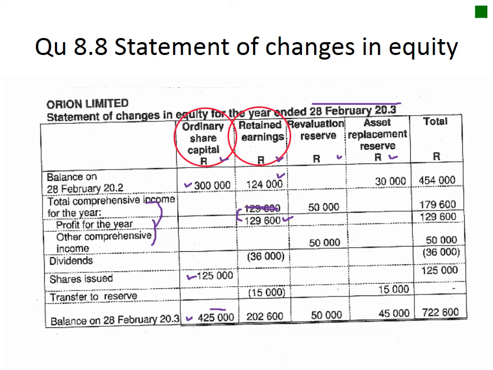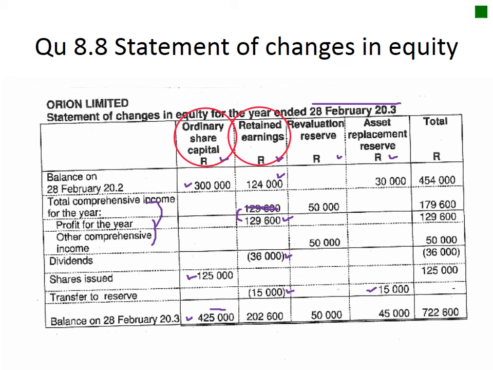This 129,600 is the profit for the year after tax that gets added to the opening balance of retained earnings. Then there's the dividend that gets paid out, and then finally there is 15,000 Rand that's getting taken out of retained earnings, and the debit is going to go into an asset replacement reserve.